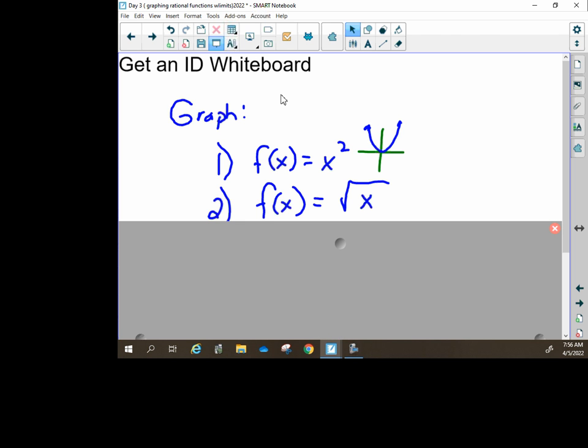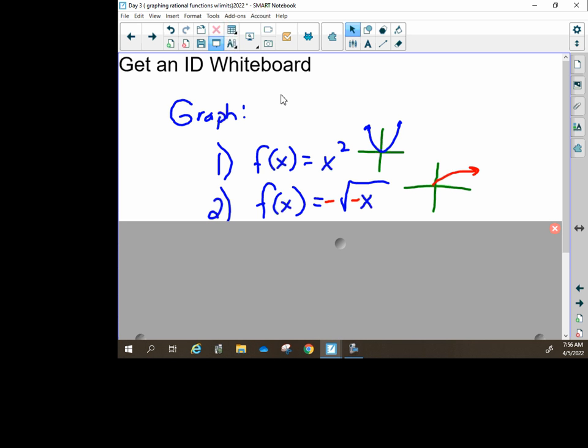Okay, this one right here, square root of x. Just like that right there. Okay, graph that. That's not the same.